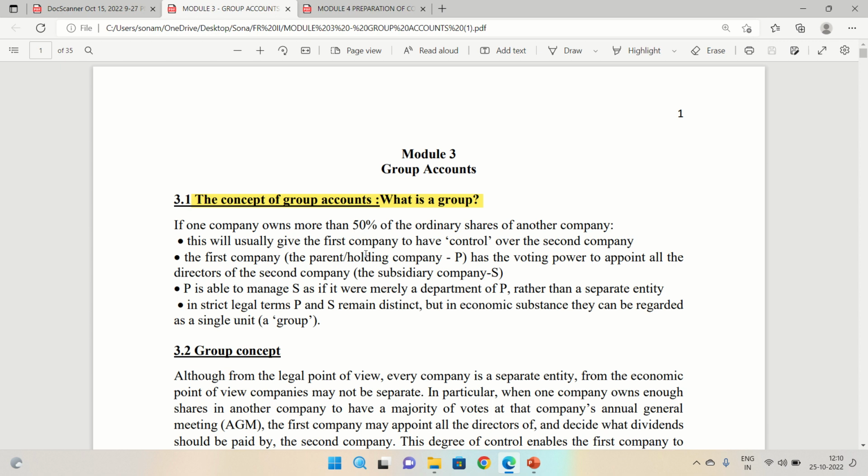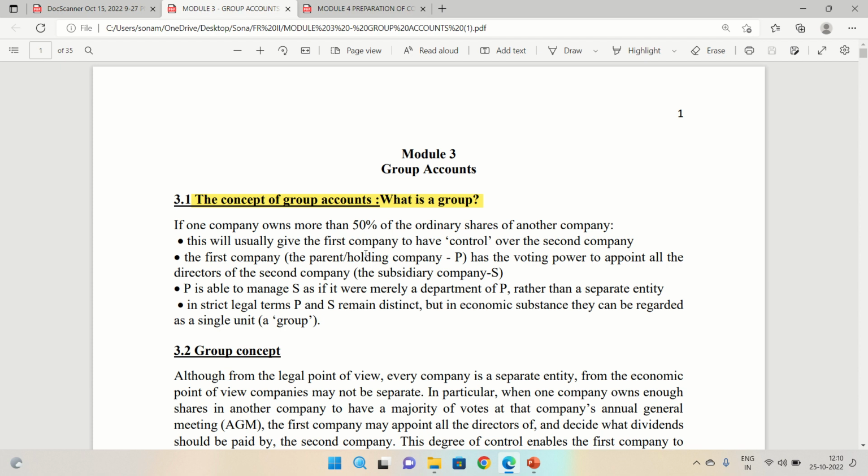The first point to notice, the parent company will have control over the second company, that is the subsidiary. Second point, the parent company has voting power to appoint all the directors of the subsidiary company. Third point, the parent company is able to manage the subsidiary company just like a department or a wing of the parent company, merely a department of the parent company.